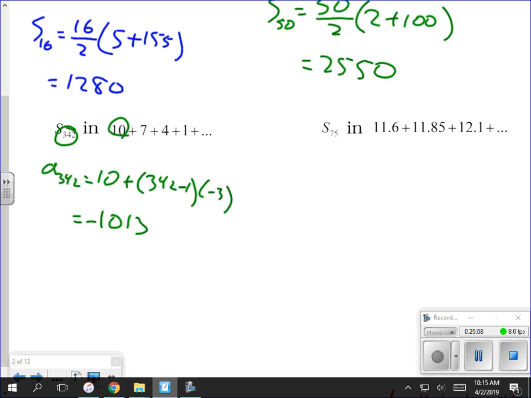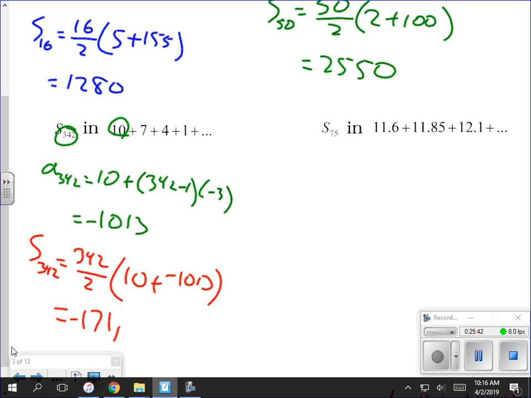That's my last number. So my total of the first 342 is 342 divided by 2 times 10 plus negative 1013. So 10 minus 1013 times 342 divided by 2. And I get negative 171,513. That's a lot.